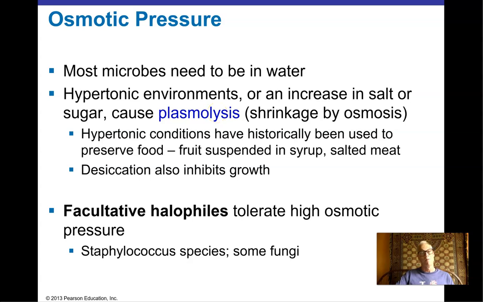They can maybe survive that process, but they can't grow in those conditions. So you can inhibit the growth of bacteria by placing them in hyperosmotic solutions. I mentioned it before, putting fruit in syrup or using salt on meat to preserve it because the spoilage bacteria can't really grow very well under those high osmotic conditions.